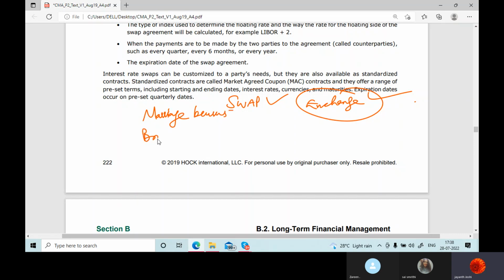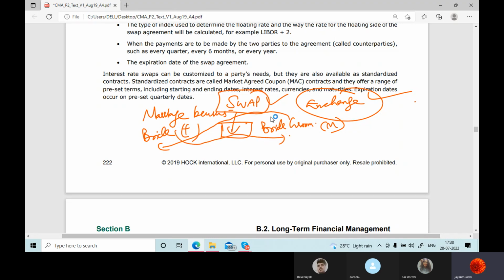There is the bride's family and the bridegroom's family, male and female. These people are the intermediaries or mediators between them. They exchange the photos and all: they take from one family and share with the other, and for that they charge some fees. Correct or wrong? What they are doing is swapping the profiles.